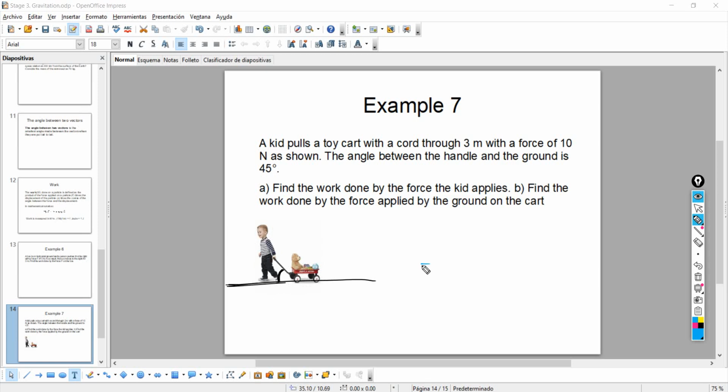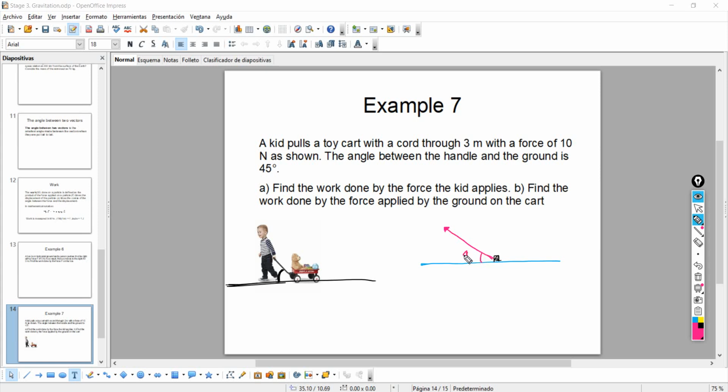What do we have? You have the ground, a horizontal ground. You have your cart, which is just a little thing. It's just a little particle, which is your cart. And basically, you have the force. I'm going to draw that in red. You have the force that the kid is applying on the cart, and that force is being directed at 45 degrees.